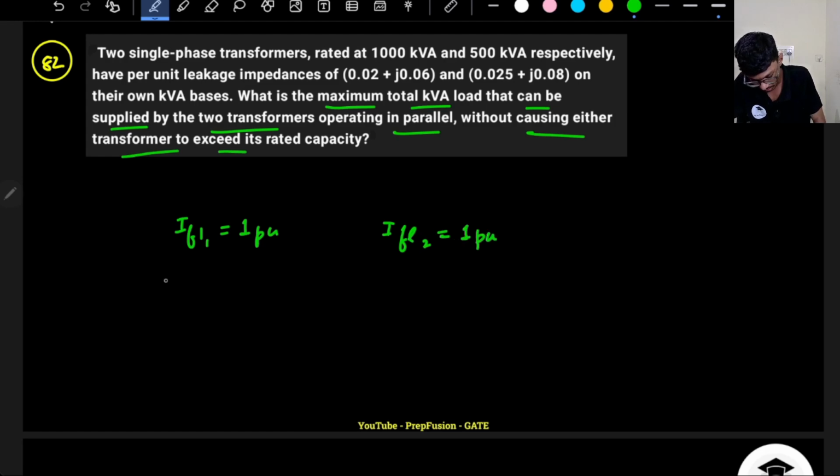What is the impedance? ZA pu, transformer 1 impedance, is 0.02 plus j0.06. So what is the drop here?